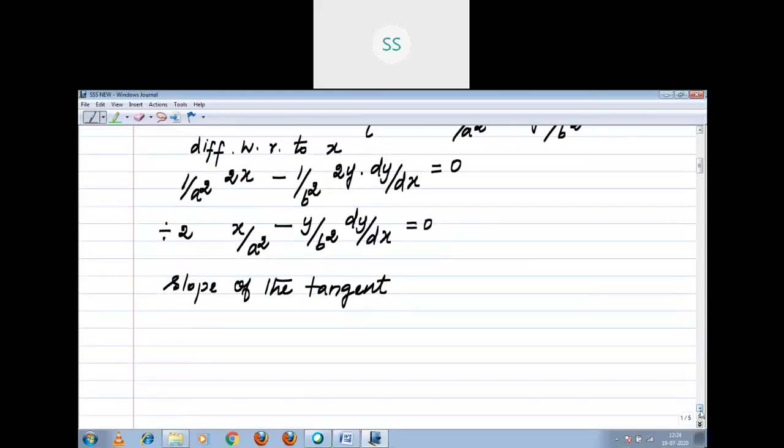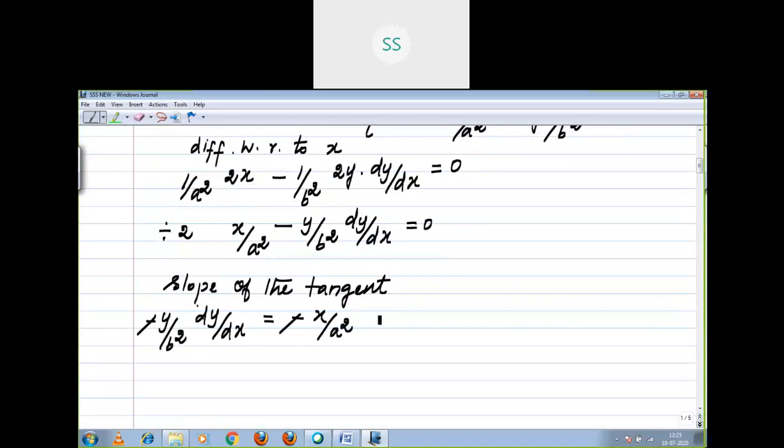See here, minus y by b square into dy by dx equal to, when you shift x by a square, minus x by a square. Minus cancel.